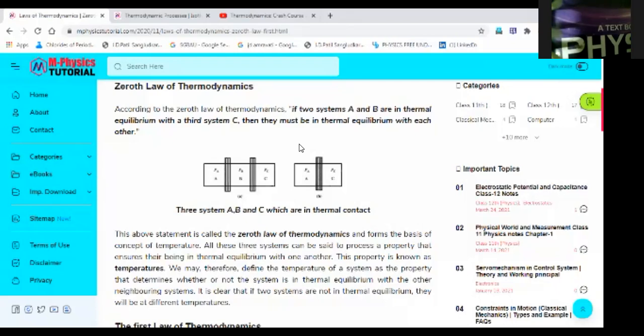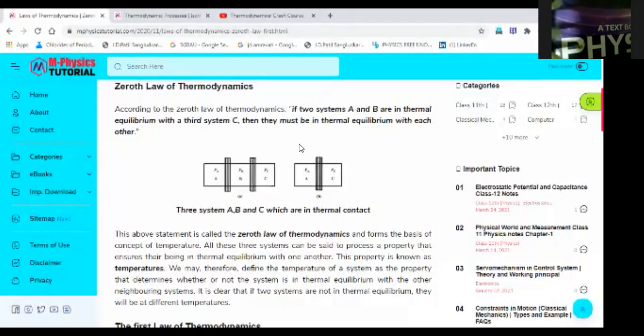For example, if you are taking a chamber and placing objects A, B and C in it, and the temperature of A is 40 degrees and C is also 40 degrees, then B's temperature automatically becomes 40 degrees Celsius. In the other way, if A and B are in thermal equilibrium, their temperature is the same, which means the third must also be in equilibrium. So this is the zeroth law of thermodynamics.